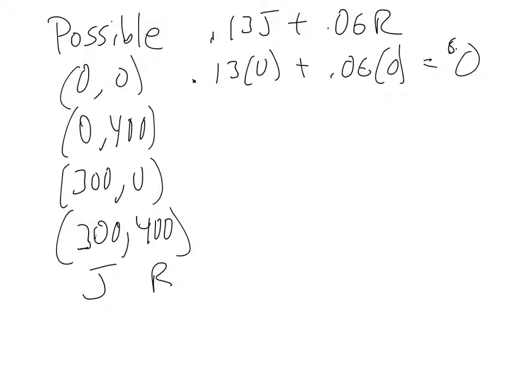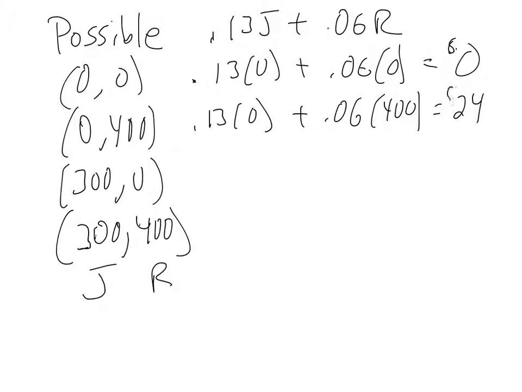So that one's out. On the next one, 13 cents times 0 plus 6 cents times 400. Let's see if I'm doing my arithmetic right. I think that's $24, right? And then 13 cents times 300 plus 6 cents times 0 is going to be $39.